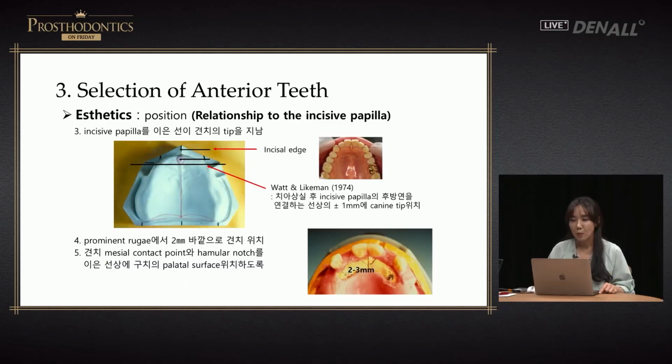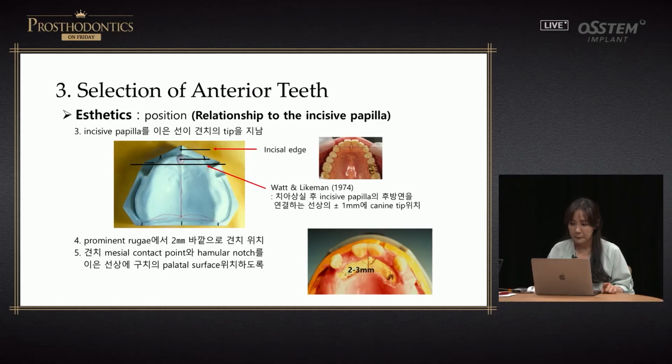A line connecting the incisal papillas would pass the tips of canines. But if bone resorption is progressing, the position can be changed. Therefore, it would be better to use the posterior border of the papilla to determine the canine tips.